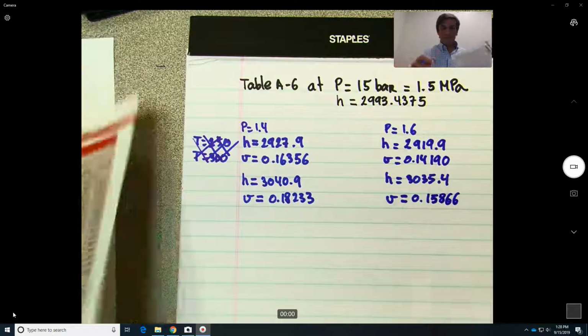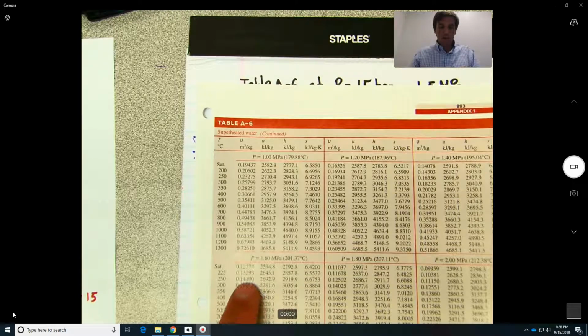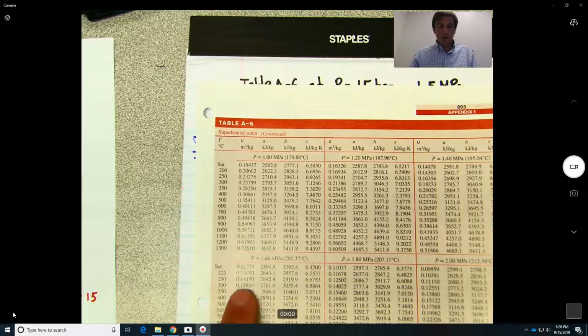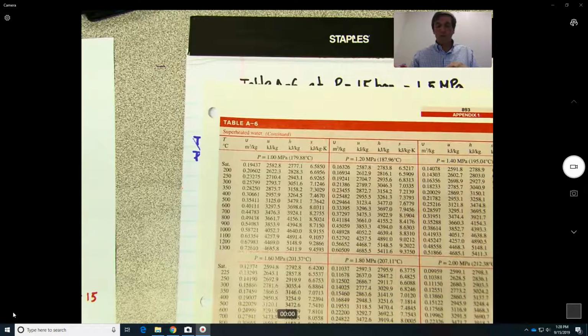Okay, so remember, between 250 and 350, this will be the value 0.14190 is here, 0.15866 is here, and then 2919 is here, 3035.4 is here, and we did the same thing for the 1.4.